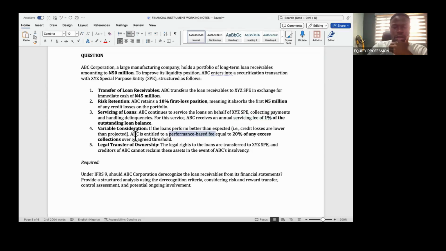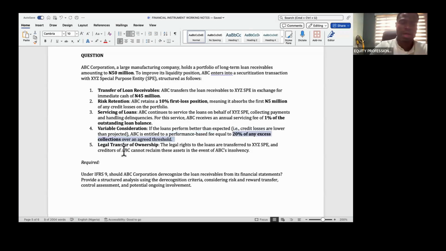If this securitization vehicle is able to recover the loans, they're able to recover all their money, they will give him a performance-based fee. They will give him a reward if they're able to collect or recover those loans. And it's 20% of any excess collection over an agreed threshold.